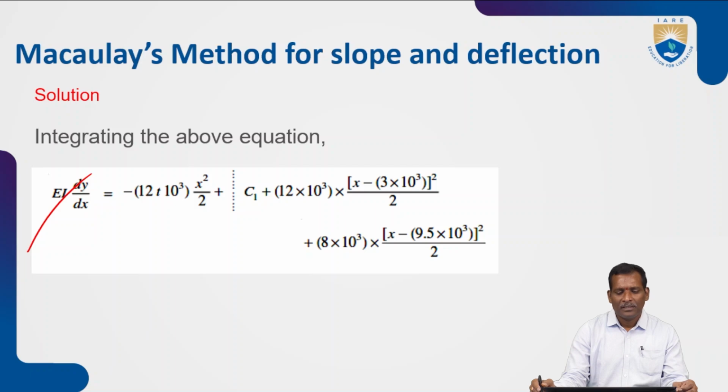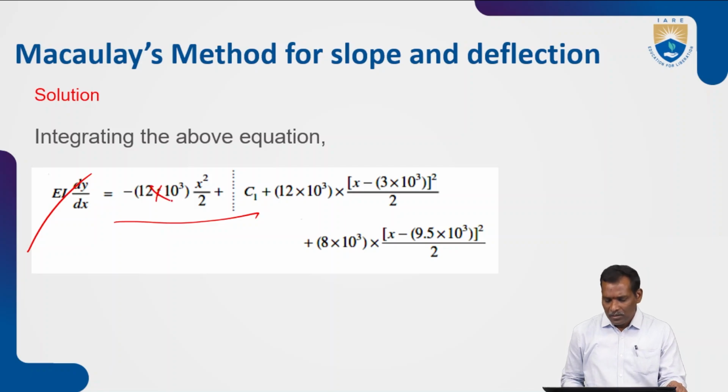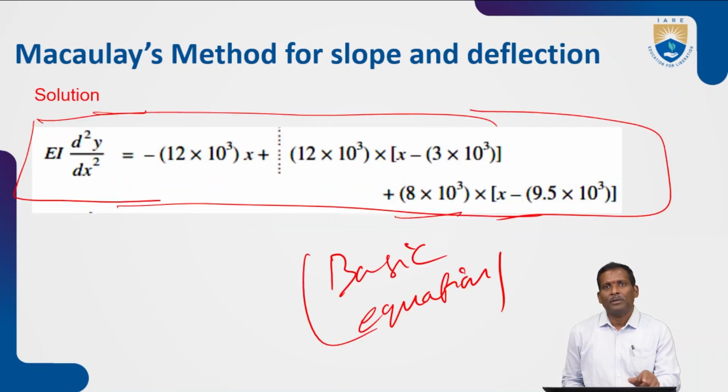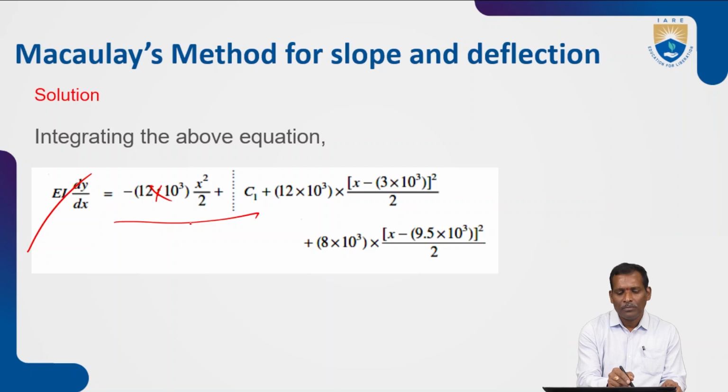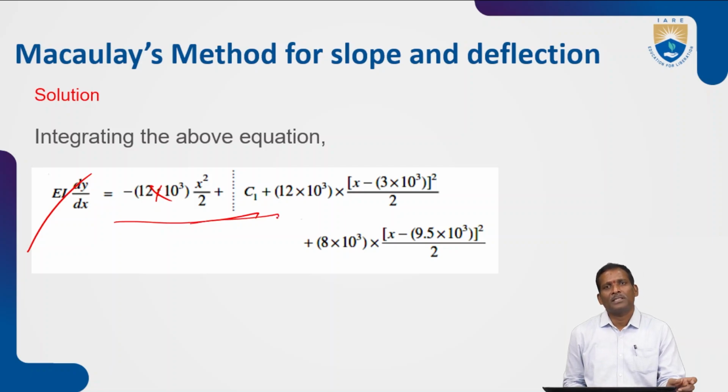That is minus 12 into 10 cube into x square by 2, plus 12 into 10 cube into x square by 2, plus C1, a constant. You should calculate the C1 value by using boundary conditions.